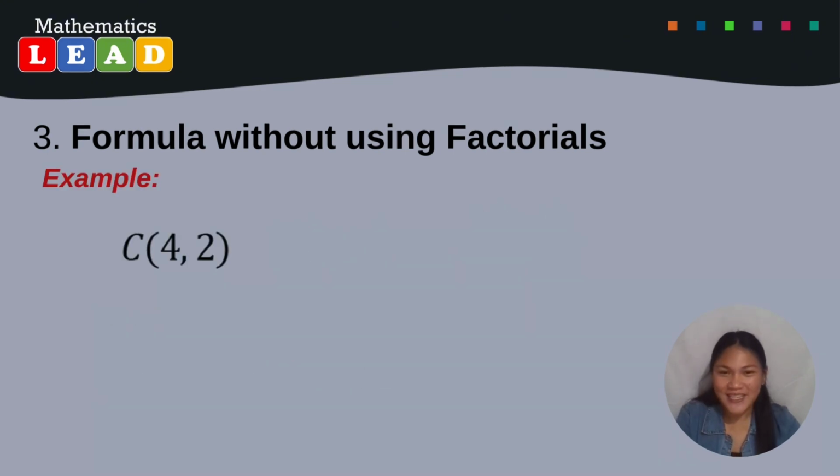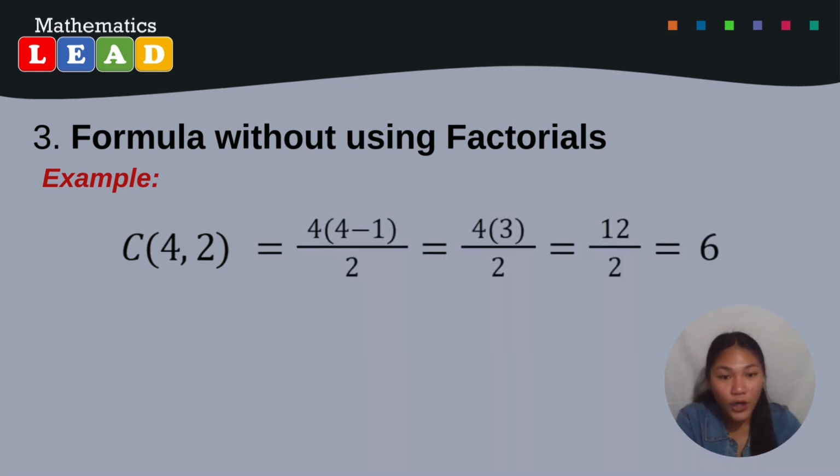Let's try it. Same as earlier, n is 4 and 2 is our r. With substitution, we will have 4 multiplied by 4 minus 1 over 2. And by subtracting 4 minus 1, we will have 4 times 3 over 2. And by multiplying 4 times 3, we will have 12 and we'll just copy the denominator, which is 2.